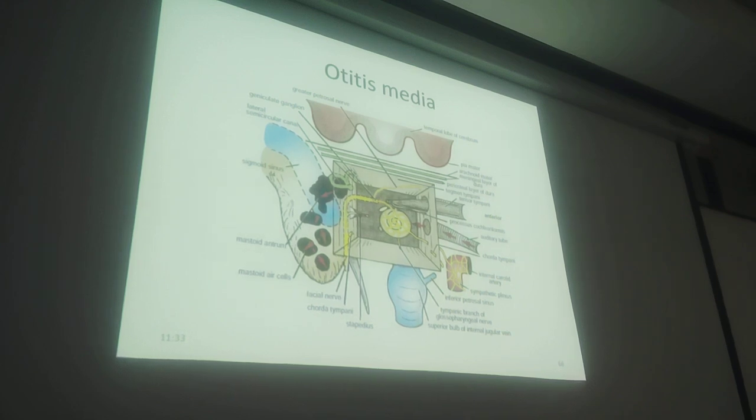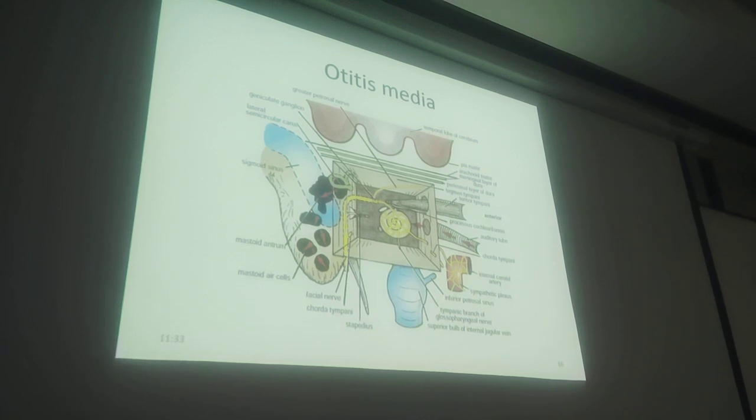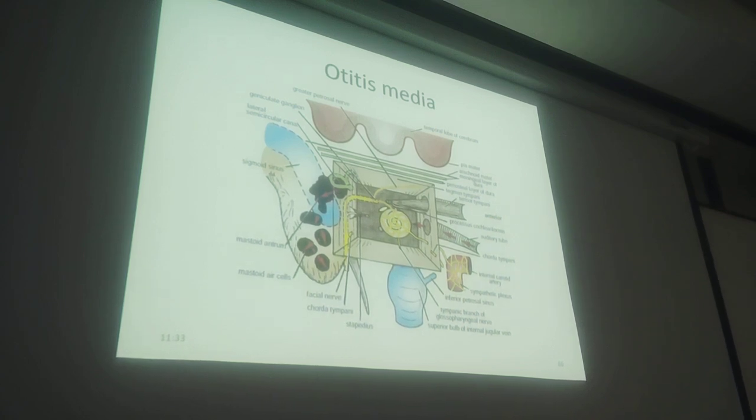The eustachian tube, pharyngotympanic tube, auditory tube, three names for the same structure. By whatever name you call it, it communicates the middle ear to the pharynx. Infection from the respiratory tract can enter through the eustachian tube to cause otitis. Remember, this eustachian tube is a 36 millimeter long, narrow, oblique passage in an adult.